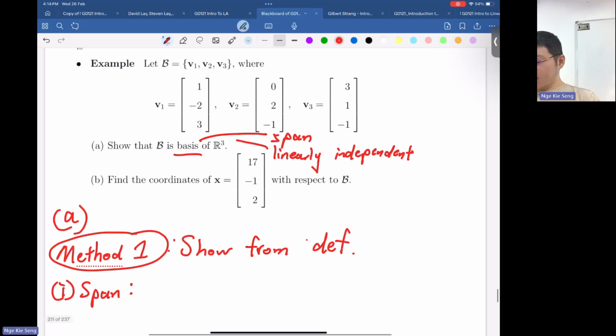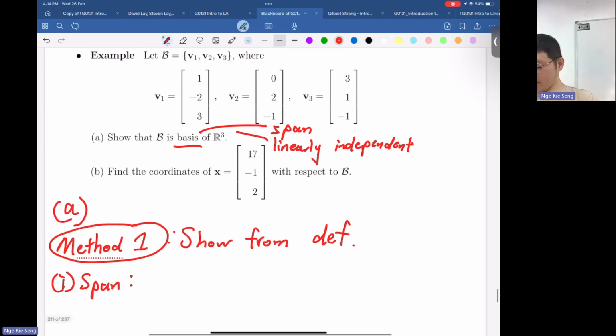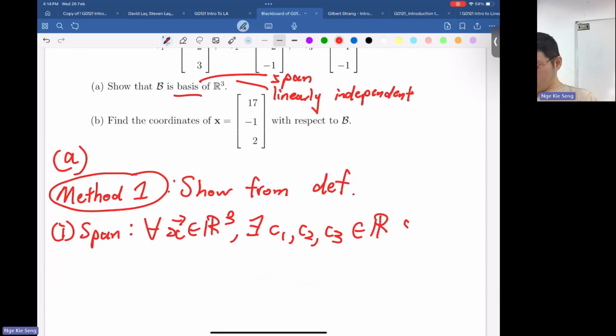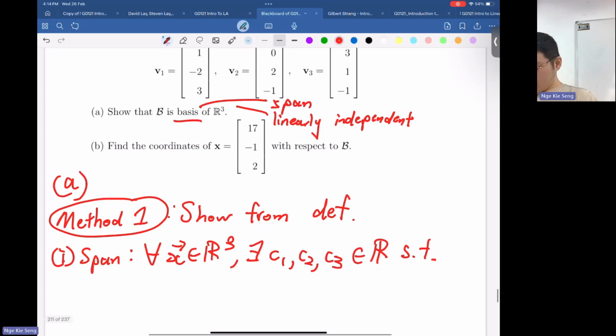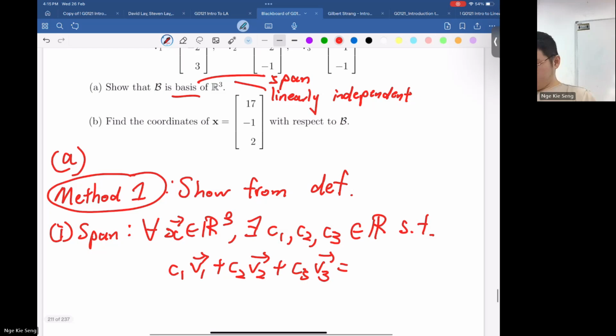So what's the space here? R3. For every x in R3, you need to show that there exist C1, C2, C3 in R such that C1 V1 plus C2 V2 plus C3 V3 equals X. Good.